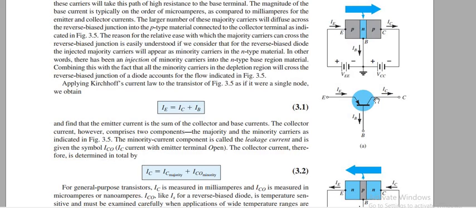Again, another question arises here, that how can we know whether this is the PNP type or the NPN type of transistor?